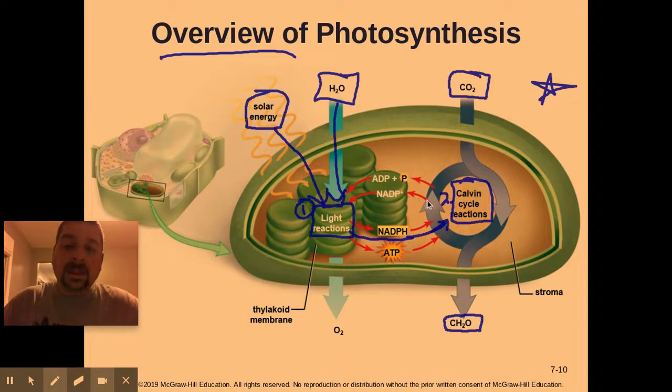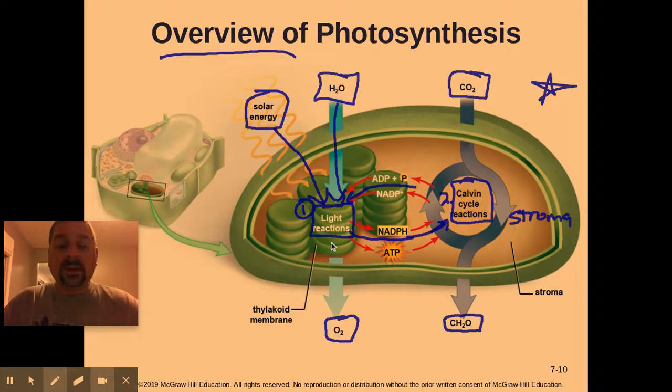These then come back and pick up more electrons, more energy, and they keep cycling between the two different reactions. These are taking place over here in the thylakoids, whereas this is taking place out here in the stroma. And finally, the end result, oxygen, is being given off as a product down here.